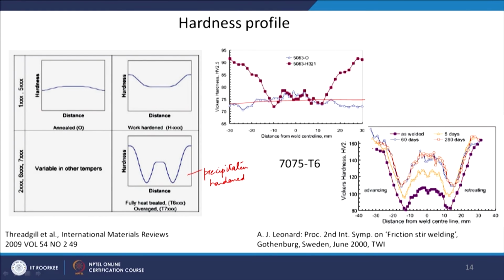Okay. Here you can see a very large reduction in the hardness because of the precipitate dissolution or precipitate coarsening. Whereas, if you do simple natural aging, the hardness will start increasing obviously, because the precipitates will start nucleating, and there will be an increase in the hardness because of the aging process. Okay. So, this is the effect on the hardness of the material due to friction stir processing.